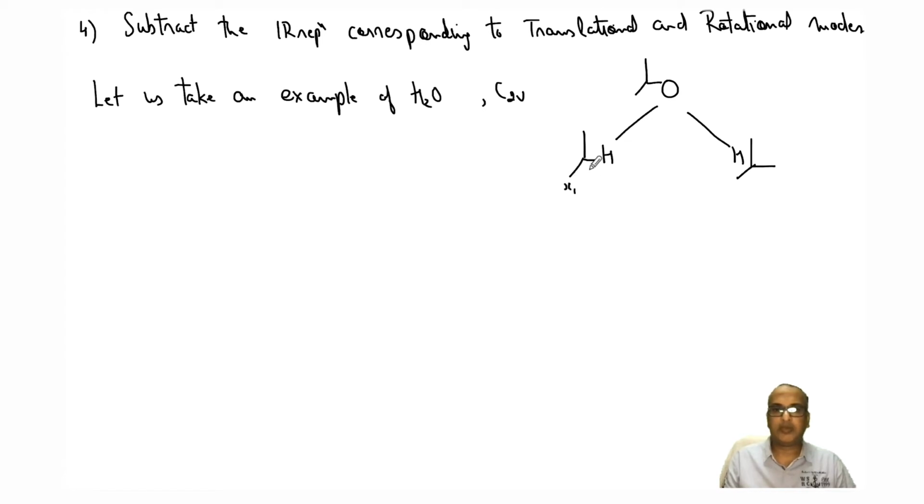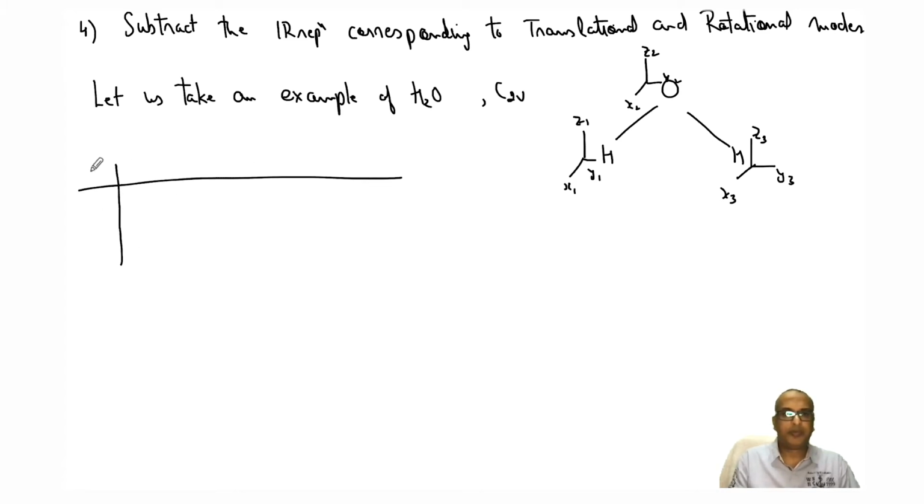So this is X1, Y1, Z1, X2, Y2, Z2, and X3, Y3, Z3. Now create a reducible representation. Under the C2V point group, what are the symmetry operations? We have C2Z, sigma XZ, and sigma YZ, right? And we are trying to create Gamma 3n.